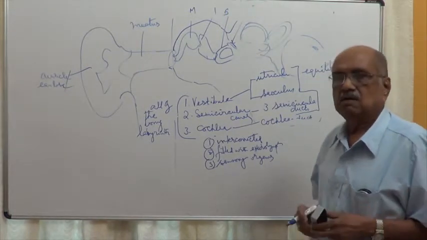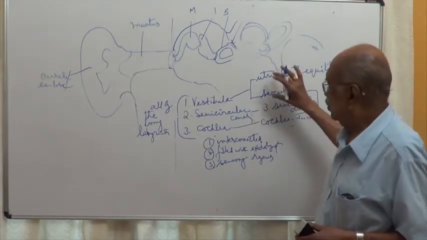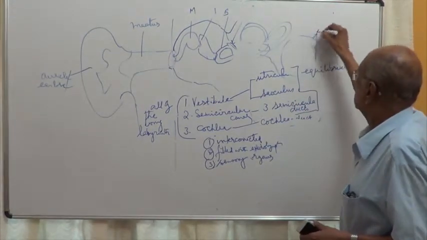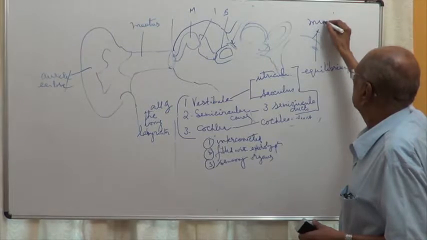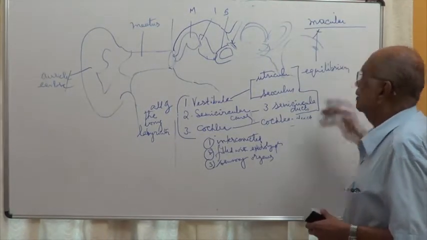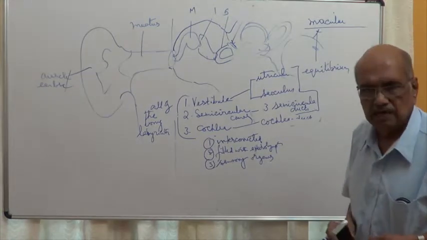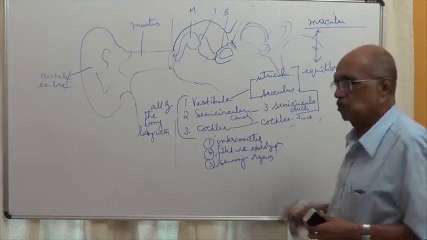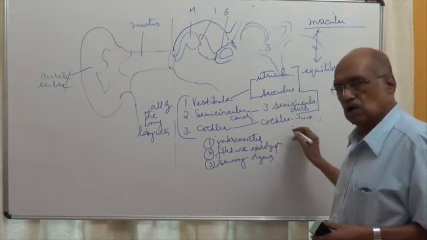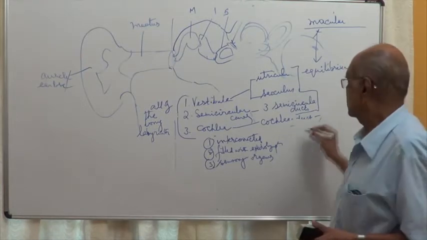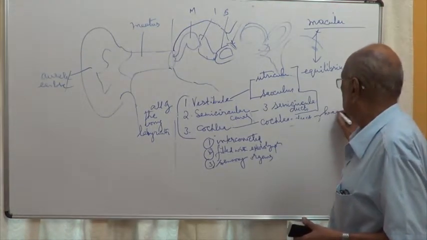In general, those parts generally called the maculae are associated with equilibrium. The cochlear duct has sense organs associated with hearing.